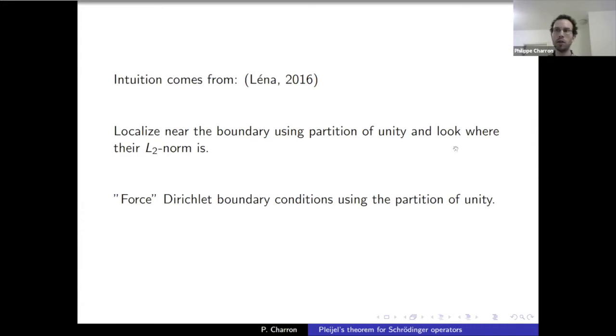You just say, instead of looking at whether this one is going from here to there, I'm just going to use some partition of unity and cut it. Because I've used a partition of unity, I forced Dirichlet boundary conditions on each element of the partition. And so on each element of the partition, the estimates that we want to use are much simpler.